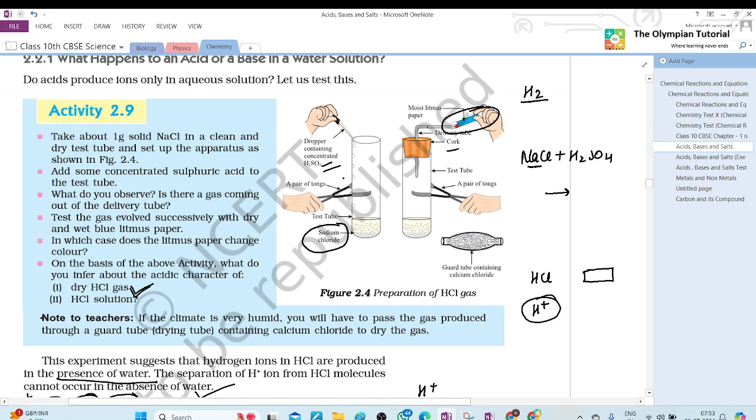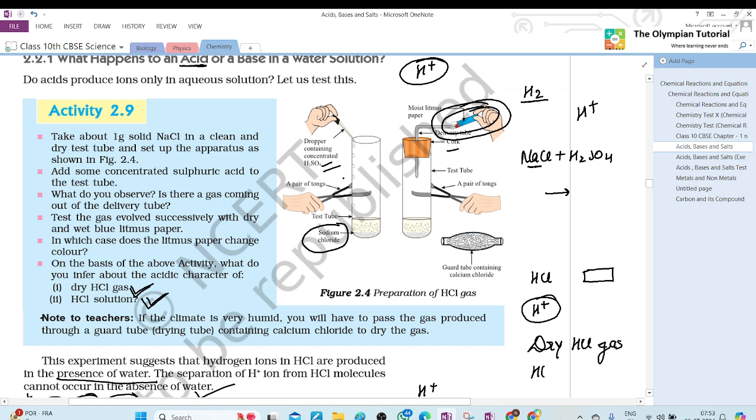If the litmus paper is also dry, hydrogen chloride gas gives no change. When it is hydrogen chloride solution, then H plus ion is released, and there will be a change in litmus paper. So an acid acts as an acid when hydrogen ion is released, otherwise not.